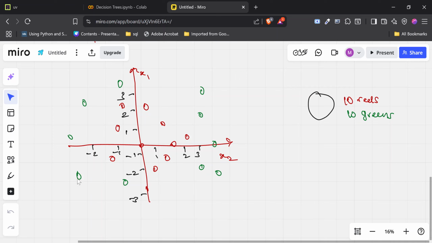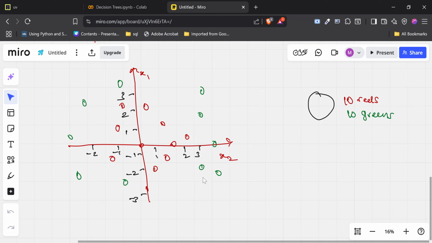I could draw a line around here. If I draw a line around here, it is going to pick this red also, right? And if I draw a line around it, I think that gives me this very clean split where I have one, two, three, four, five. So I'm going to have five greens properly separated if I put it here.